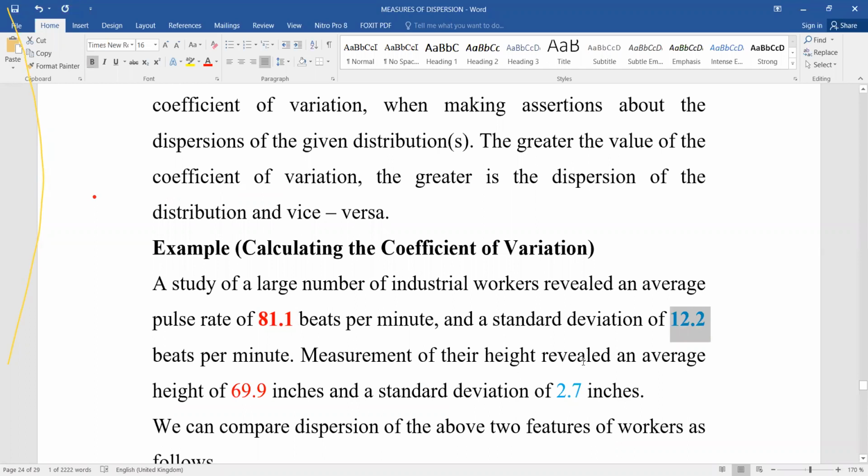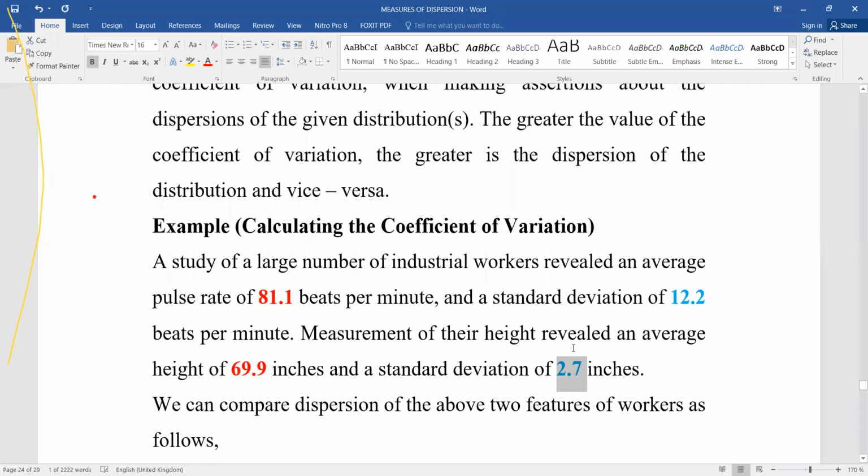Measurements of their height revealed, now remember that height uses another unit of measurement, an average of 69.9. Now this is their heights. That's the average, and 2.7 becomes their standard deviation.